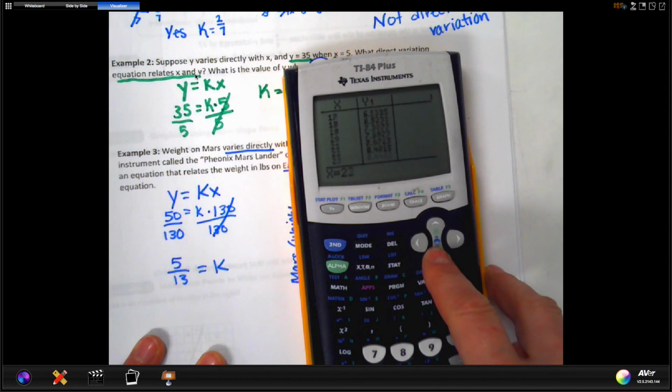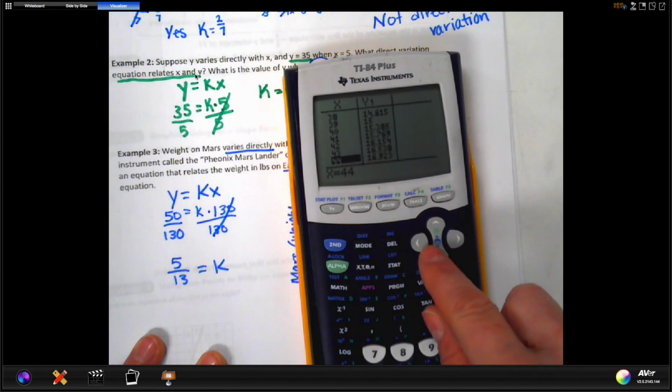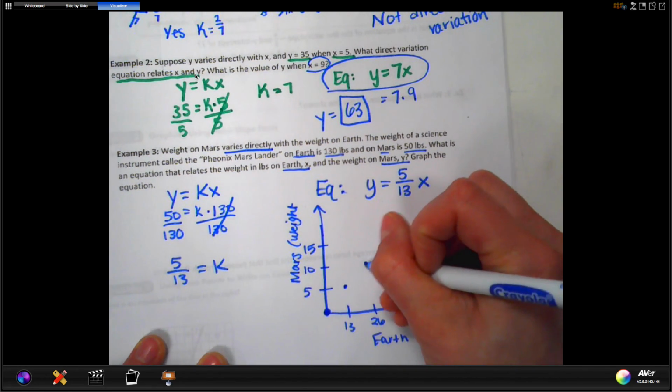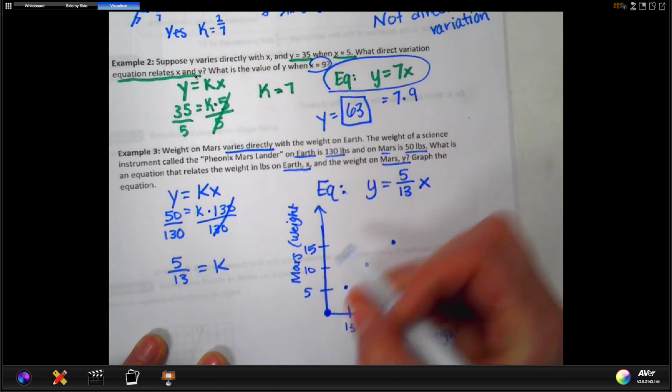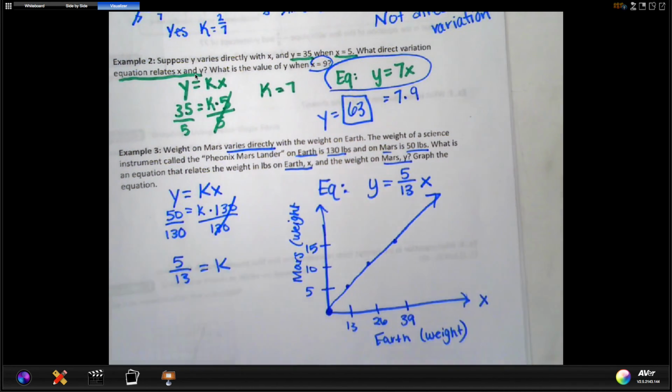This will go all the way down, right? And you can double check all of your ordered pairs. So here's 39 and 15. And then you put your dots on. This is going to be a linear function. Okay? And draw your line through, because of course you can have pounds in between 13 and 26 and stuff like that.